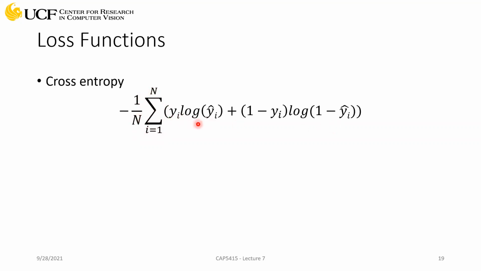In this case, yi is the ground truth, and this is the network's prediction. So in this case, you can see that we have two different terms. The first term is for the case when the object is present, so you call it a positive class.